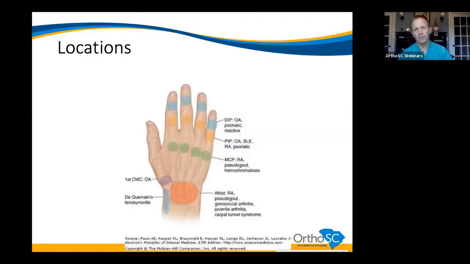The finger joints are typically osteoarthritis. The first knuckle at the hand, that is typically more rheumatoid arthritis. And then the thumb joints can get arthritis. If it's on the side of the wrist, then that can be more tendonitis.